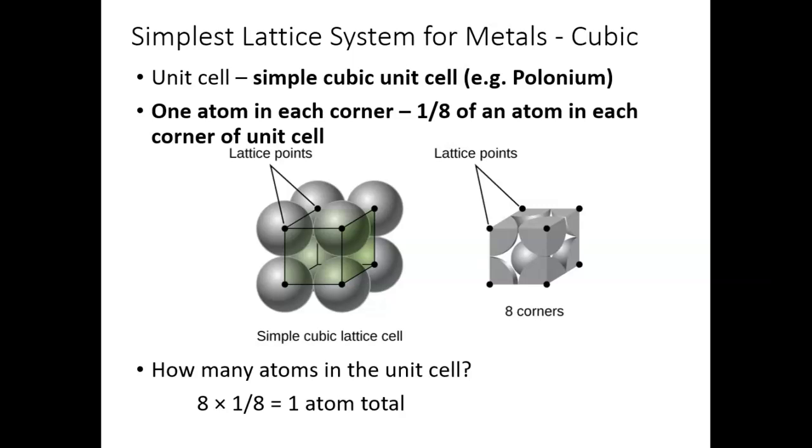That unit cell has how many corners? 8. So if you have 8 corners and each corner has 1/8 of an atom, how many total atoms are represented by that one unit cell? 1, guys, yes. How many atoms in the unit cell? 8 lattice points, 8 corners, times 1/8 of an atom in each corner equals 1 atom total.